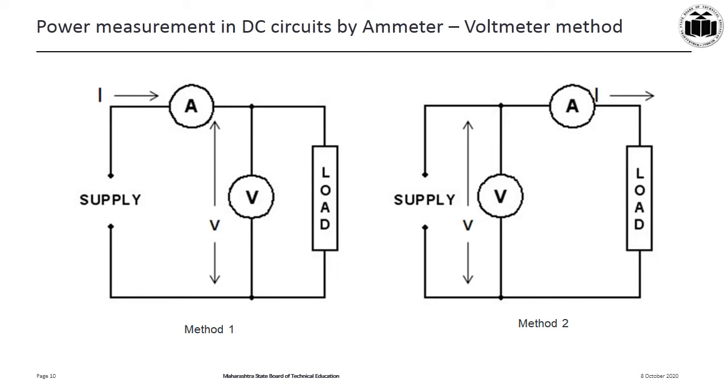To overcome this error as well as to make the process user friendly, the wattmeter plays a very important role and hence it is used for power measurement. In addition, when a DC circuit is considered, there is no role of power factor, but when an AC circuit comes, we need to consider the power factor of the load also.